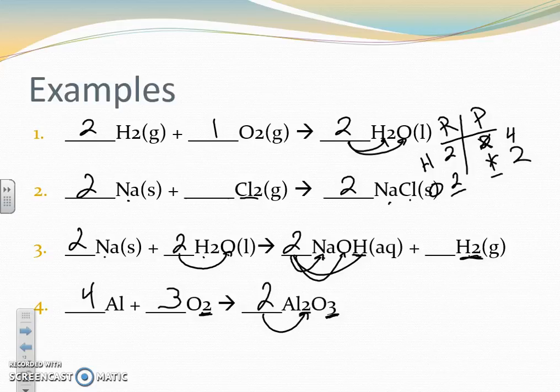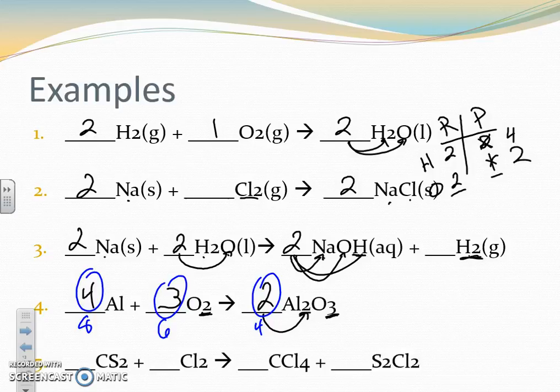If for some reason your answer was maybe 8, 6, and 4, then go ahead, divide by 2 and reduce to 4, 3, and 2. You will miss points for not reducing. We always write it in the most reduced form. So make sure you go back through and double check to see if you can divide by 2 or 3. That's usually what it comes out to be.